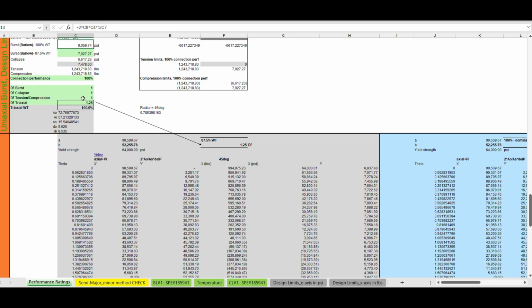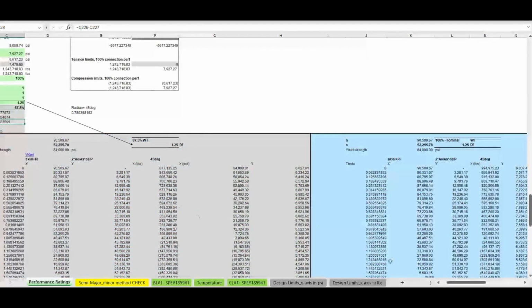And here I assumed all the design factors of 1. Just for your interest, if we for example calculate the API tolerance, my cross-section area comes down to 13.7 square inches from 15.5, and the resulting stresses will also be higher. So I put some different scenarios here in different columns.